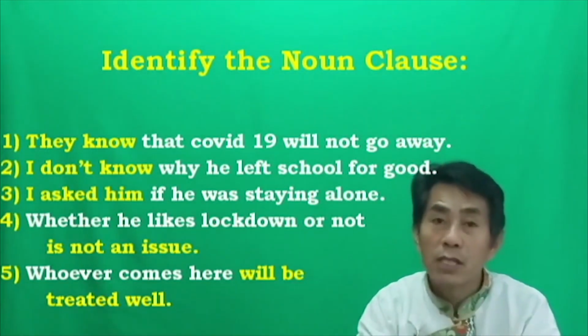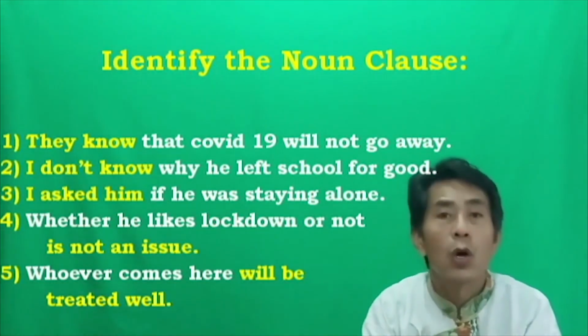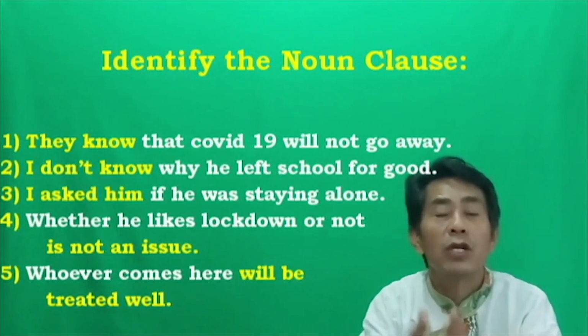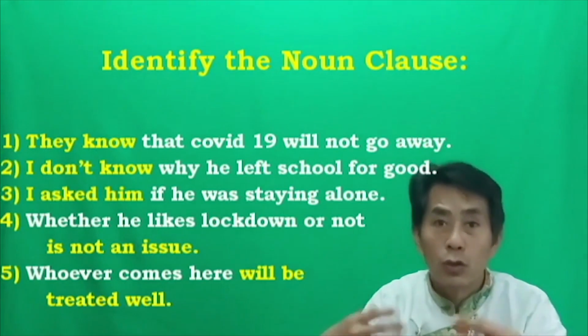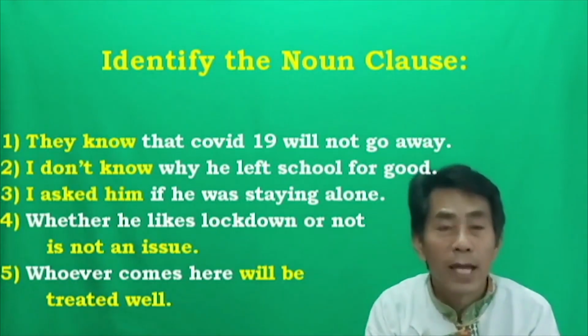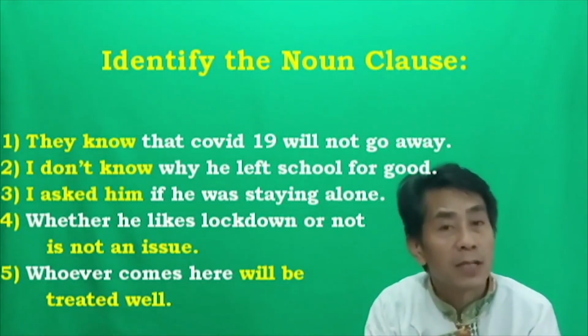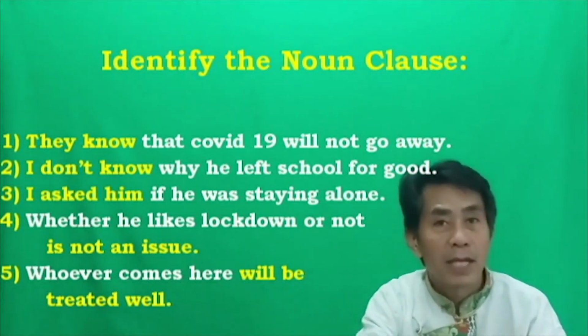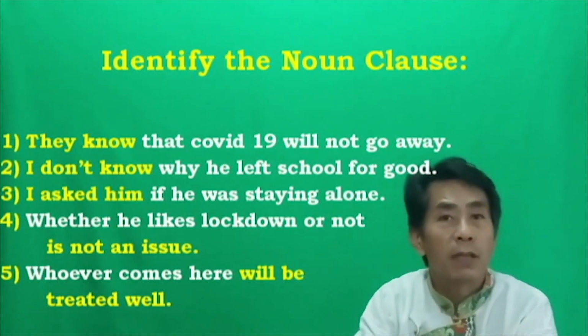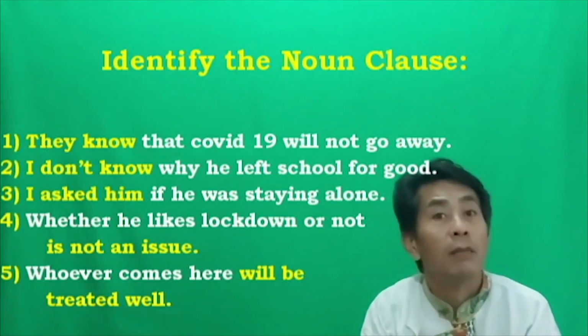What type of clause is this? This is a noun clause. Why? Because it is taking the role of a noun. This is in the object place. I told you, a noun clause comes either in the subject place or in the object place. Now this is in the object place.